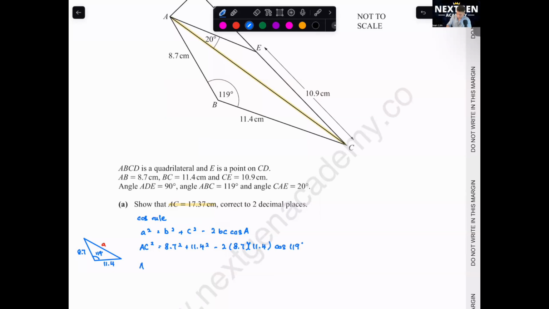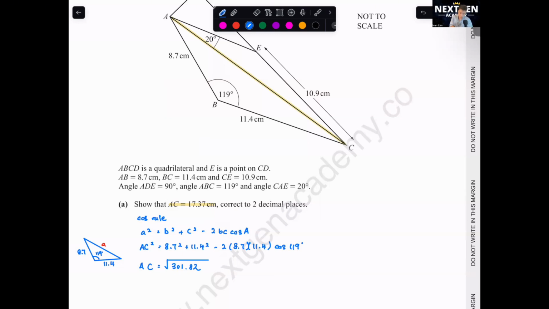The whole thing you can type in the calculator: 8.7 square plus 11.4 square minus 2 times 8.7 times 11.4 times cos 119. You should get 301.82. But you don't round it up in the middle of the equation. This one is just for presentation only.